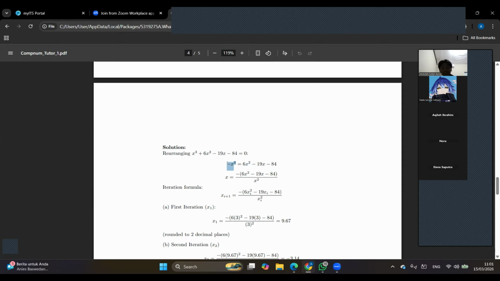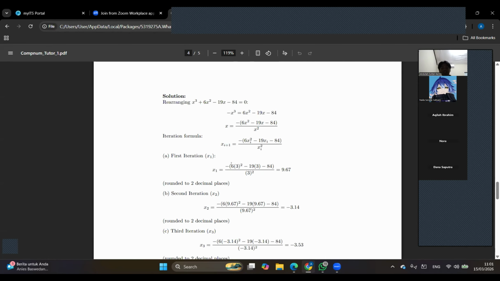And the x cubed is alone on the left. And after that, we divide both sides by x squared, so that it becomes only x on the left side. After this, we get the iteration formula to be like this.